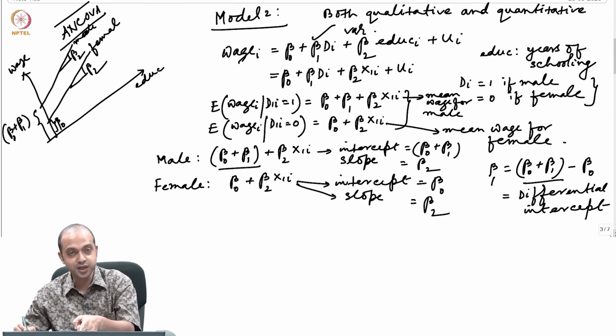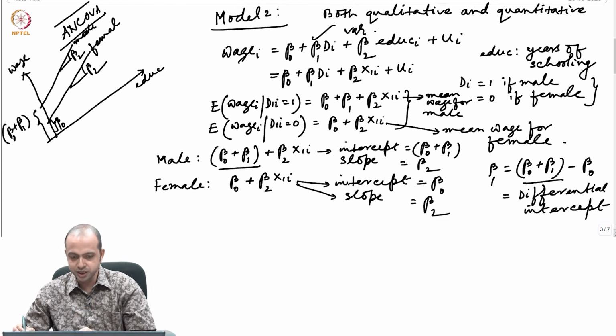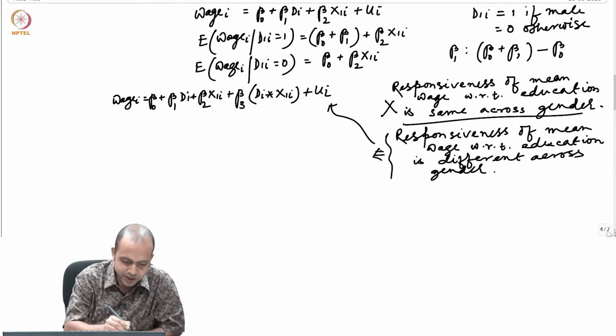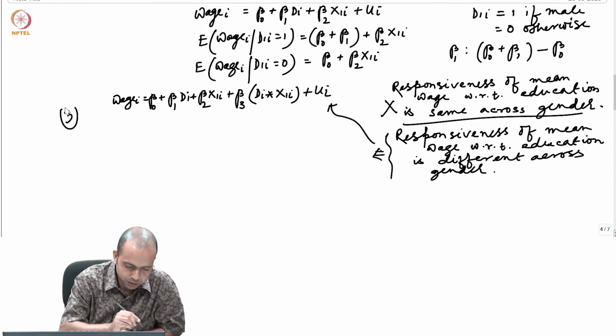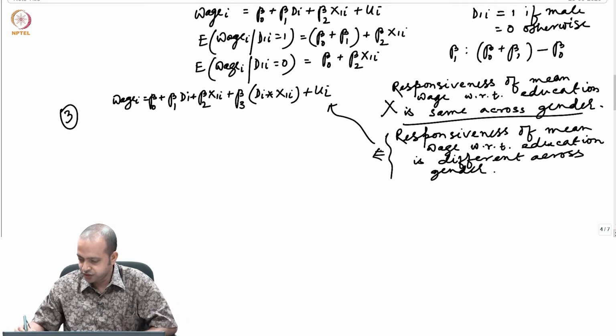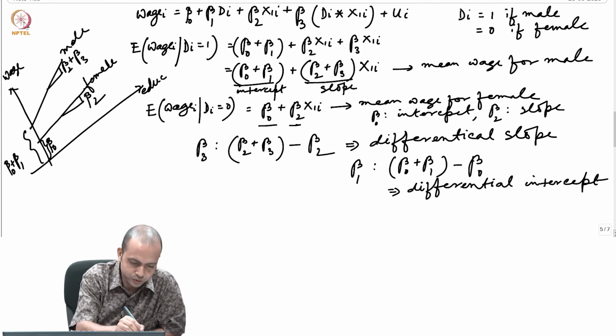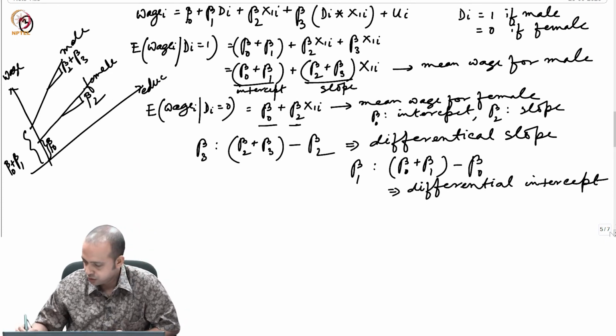That means D_i indicates the gender, and education indicates a quantitative variable, which is the covariate. That is model 2, and model 3 is this. So, this is our model 3, this is also our model 3.